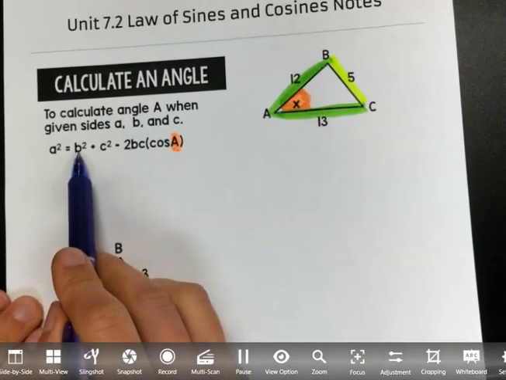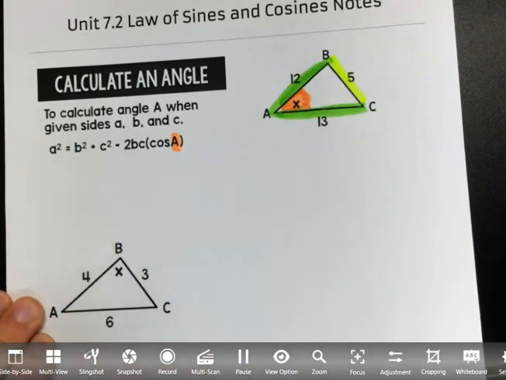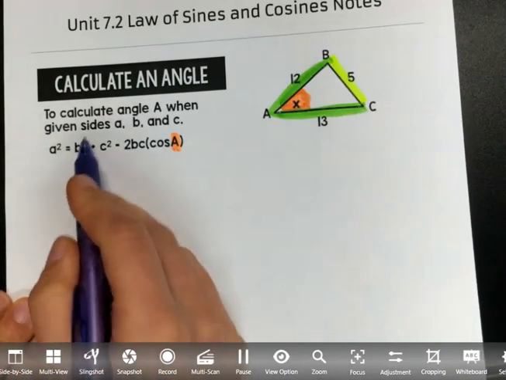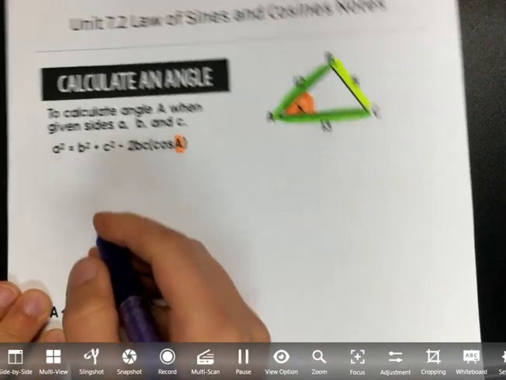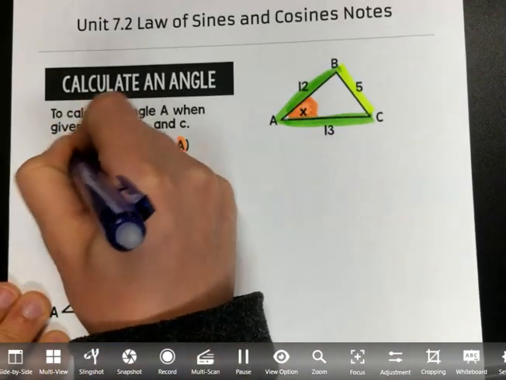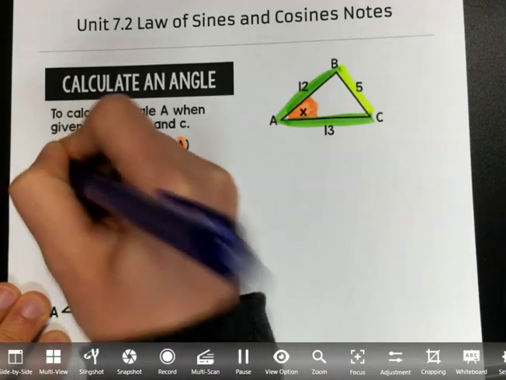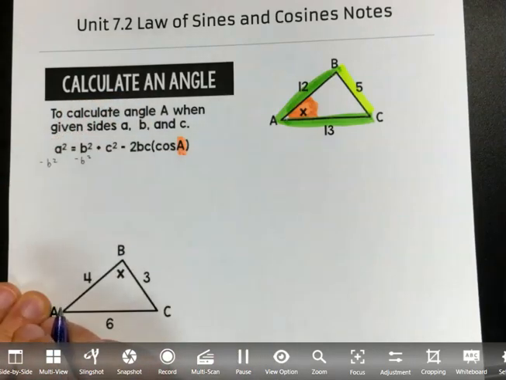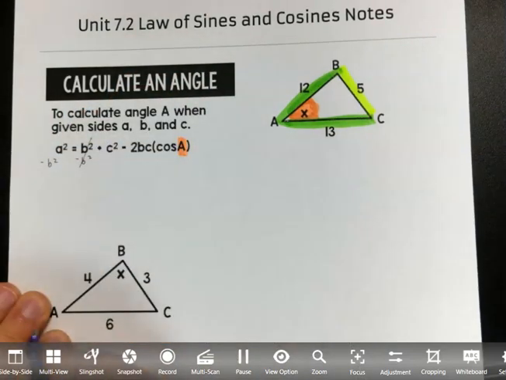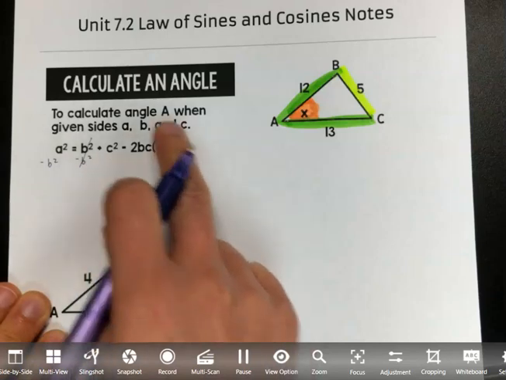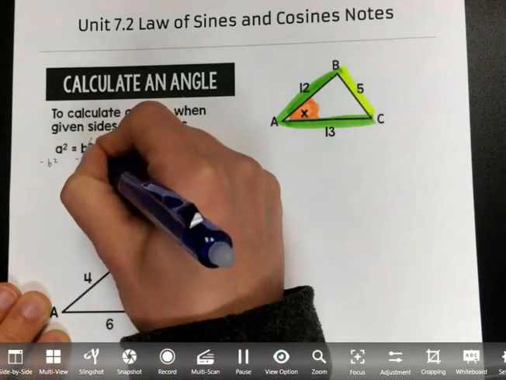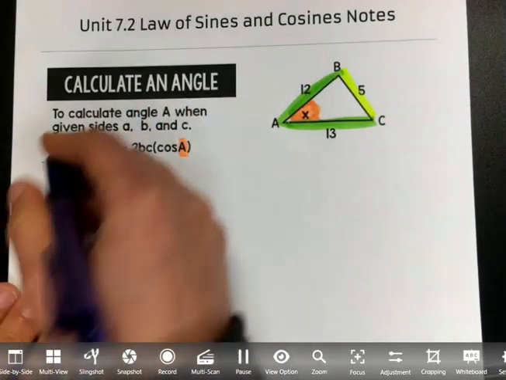So let's see, let's start over here. How do we move this b squared to the other side? Well, it's not being multiplied by anything, so therefore I could just subtract it from both sides to move it. So I'm going to subtract b squared from both sides. Okay, that cancels out my b squared. What about c squared? Well, again, c squared isn't being multiplied by anything, so instead I could just subtract c squared to remove it.